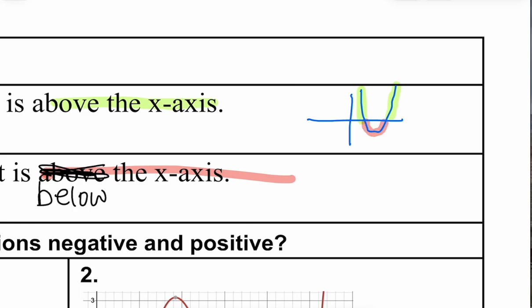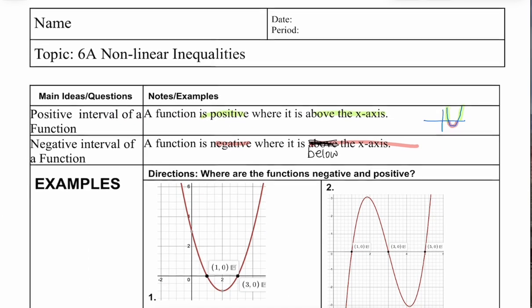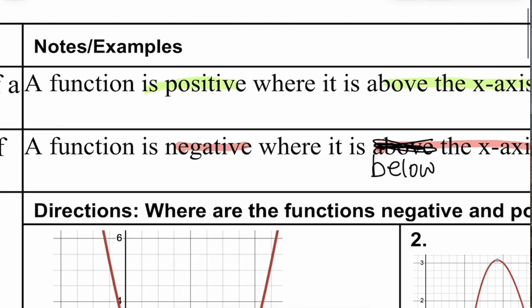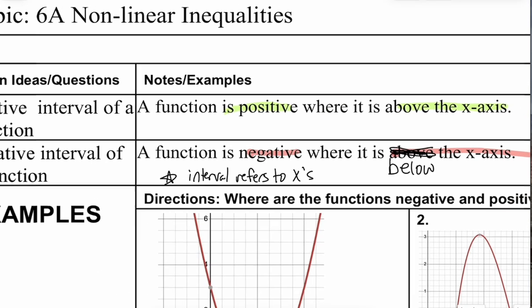Now, when you talk about the function being above or below, the function is referring to the y value. You always need to pick the interval, and a note for that you should write here for all of you is that the interval refers to the x's. So the interval itself refers to the x's.